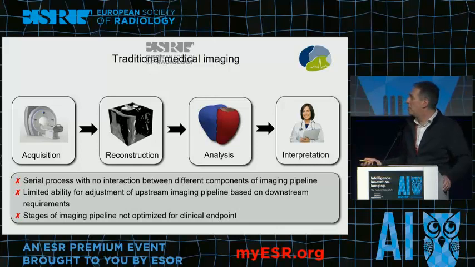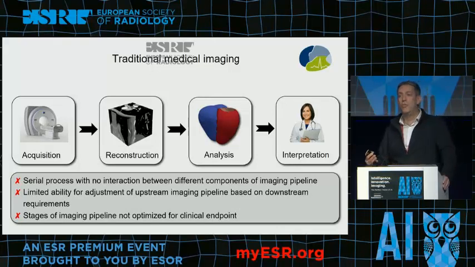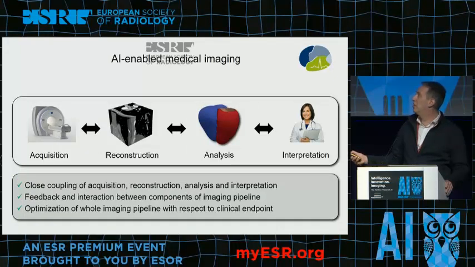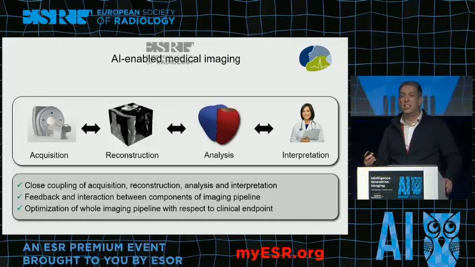Moreover, the entire pipeline is not really optimized for the clinical endpoint. You as a clinician will know what you want to measure, but we're not really optimizing the link between acquisition and reconstruction, but also between reconstruction and analysis, and therefore between acquisition and interpretation. Ultimately, we want you as a clinician to drive how we acquire the data, how we reconstruct the data, and how we analyze the data.